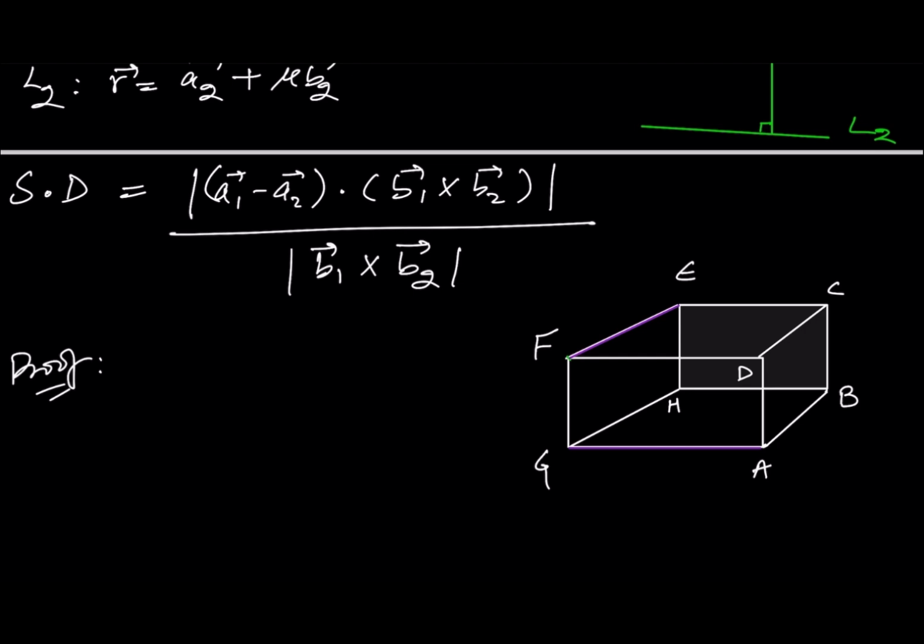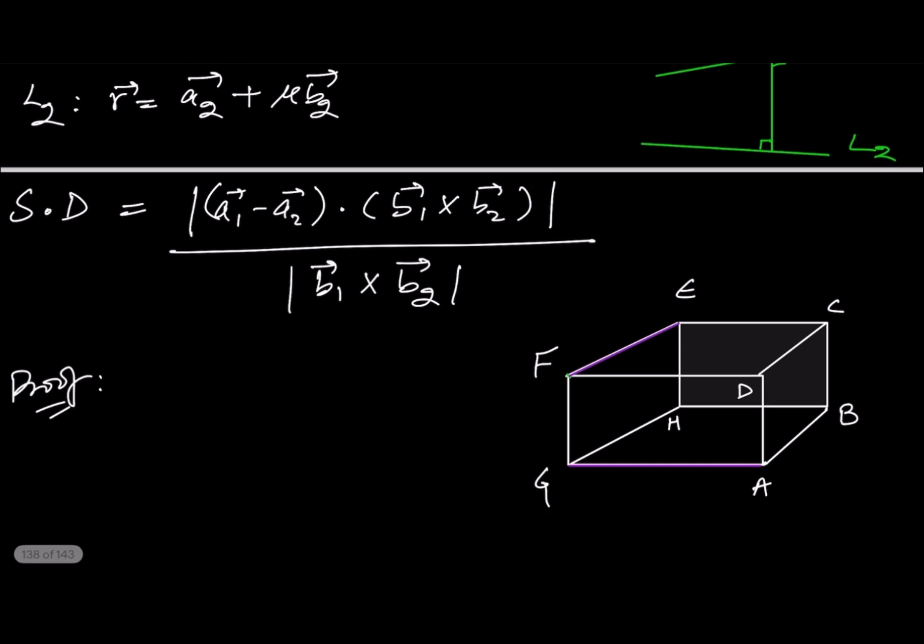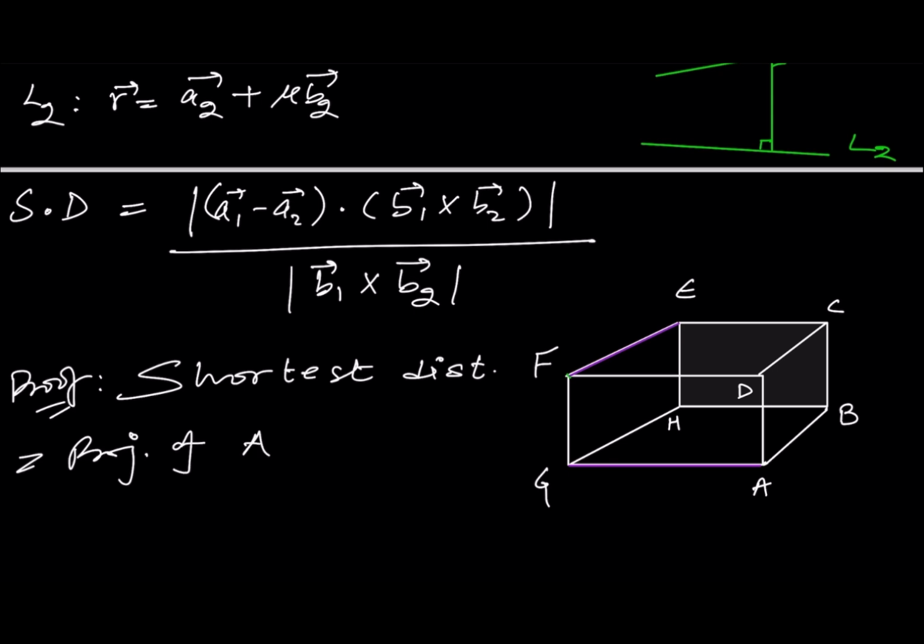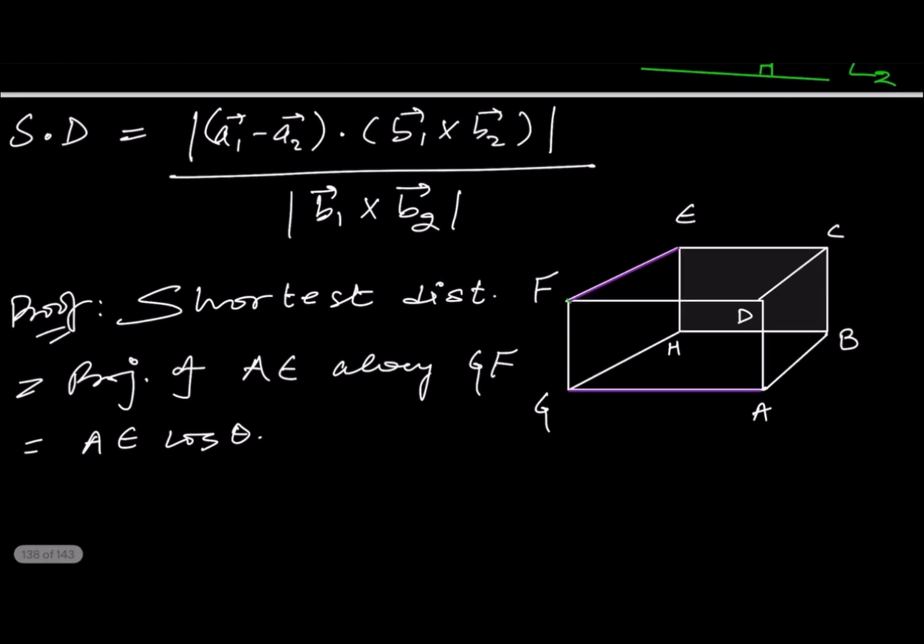But by definition of shortest distance, we can say shortest distance is projection of EA or AE along GF, and which is nothing but AE cos theta, right? Theta is the angle between AE vector and GF vector.